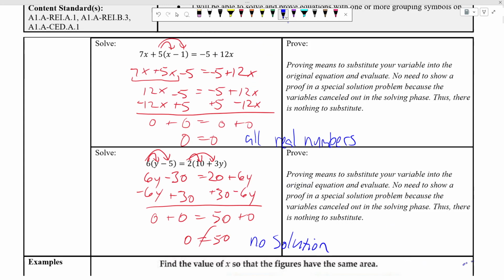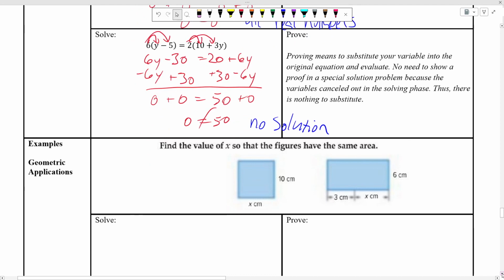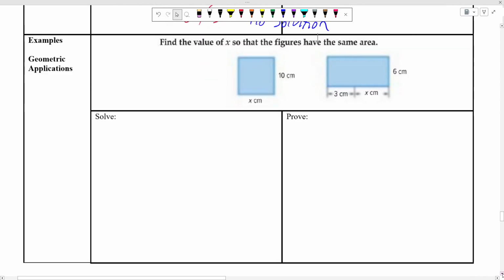So let us connect our newfound knowledge with some geometric applications. For you see, math isn't just numbers and letters on the board. It connects to all things in life and the universe and beyond.